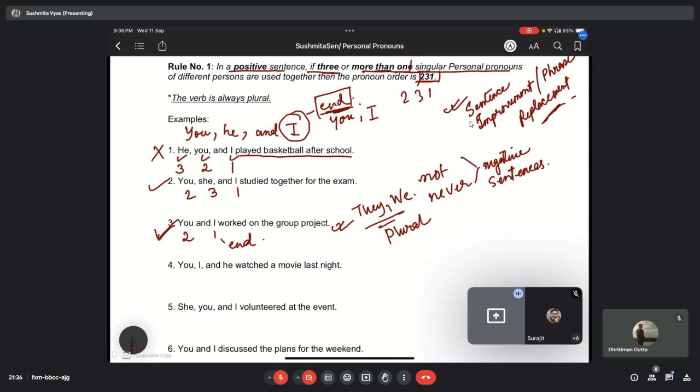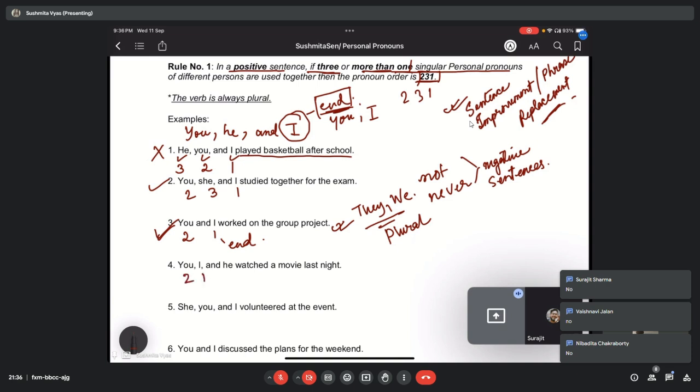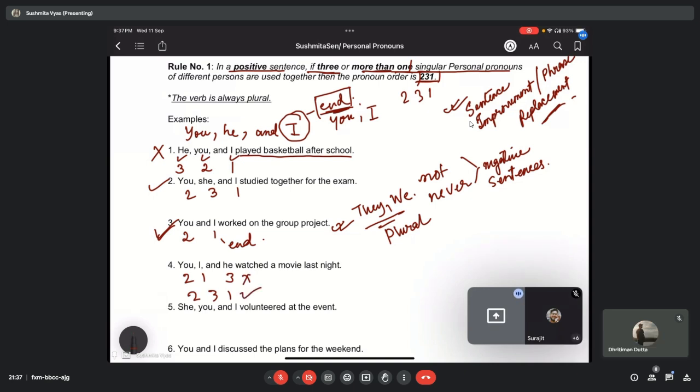Again, you, I, and he watched a movie last night. Is this sentence in the correct order? You, I, and he watched a movie last night. No, why? Because two, one, and three आता है ना. It should be 231. This is wrong. This is correct. So what will it be?